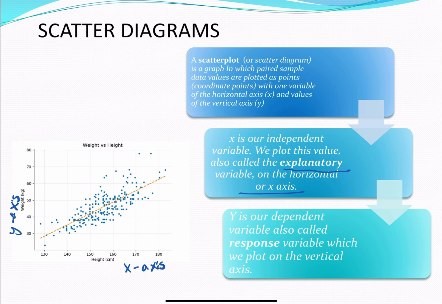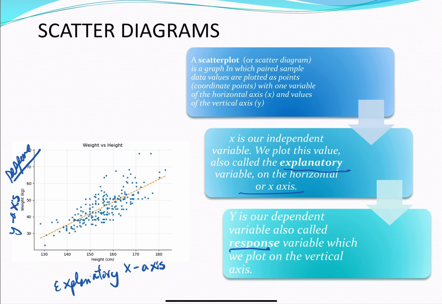So we have our explanatory variable, and that's always going to explain a response, right? We will plot our response variable on our vertical axis. The temperature increases and the amount of sweater sales go down. So keep some basic examples in your head.